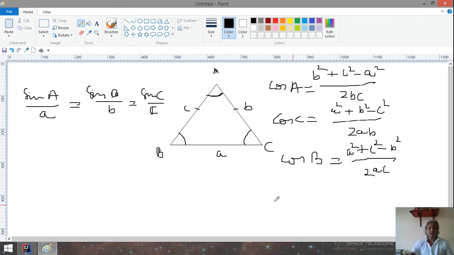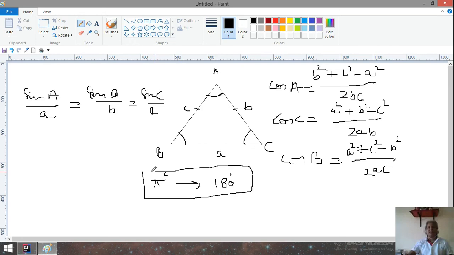Then we are also going to use a relation, pi radian is 180 degrees, because in Java we will be using the Math.sin or Math.asin functions. They take radian values, and a radian value is a real number, but the common user understands angles in terms of degrees.